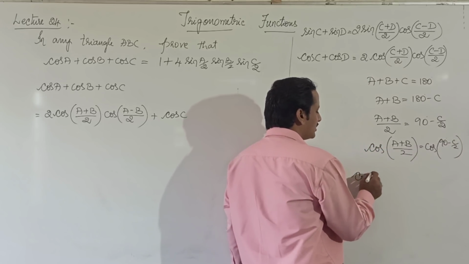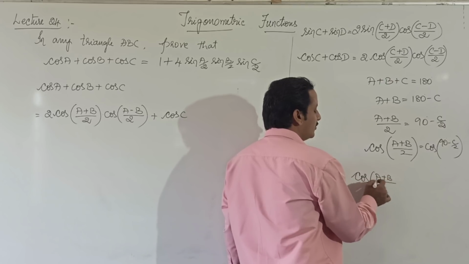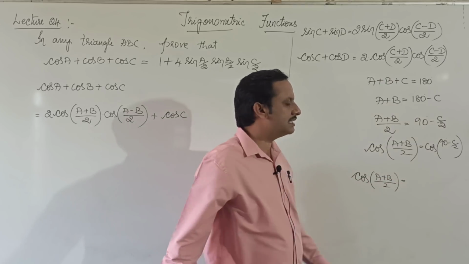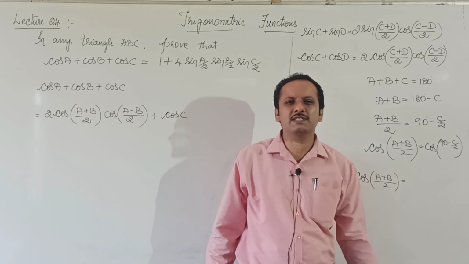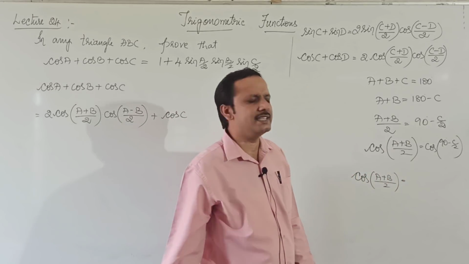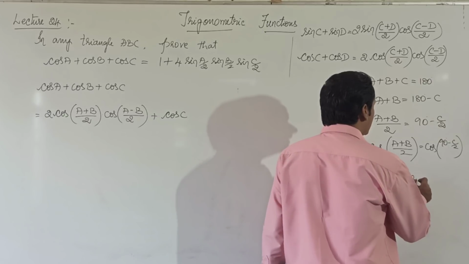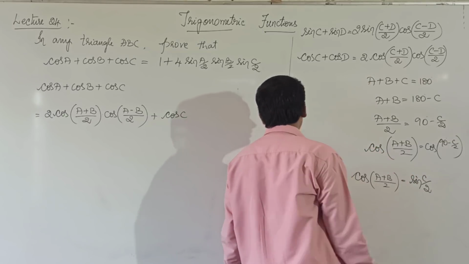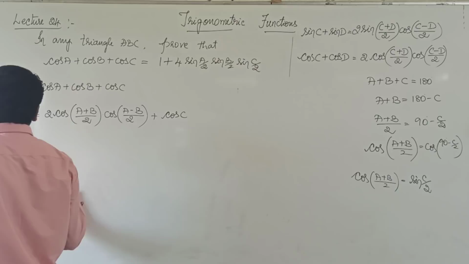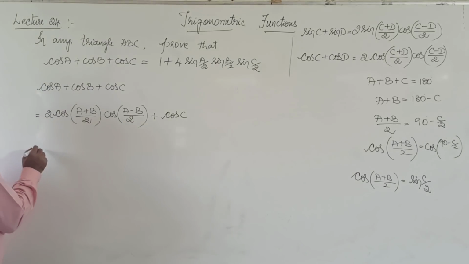This looks like cos 90 minus theta. What is cos 90 minus theta? Cos 90 minus theta is equal to sin theta. So this will become sin C by 2. I can write cos A plus B by 2 as sin C by 2.